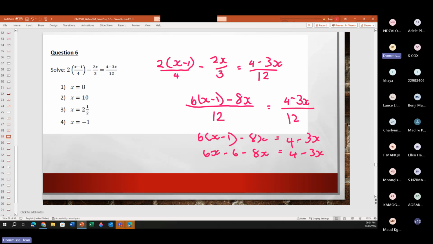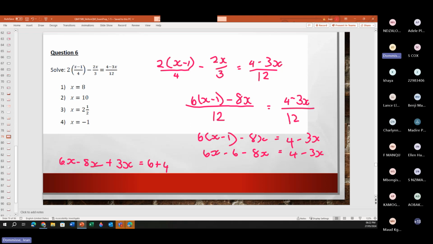So let's bring all the x's to this side. We've got 6x minus 8x. The minus 3x on the right-hand side becomes plus 3x on the left. And then all the numbers to the right-hand side. So minus 6 becomes plus 6, plus 4.